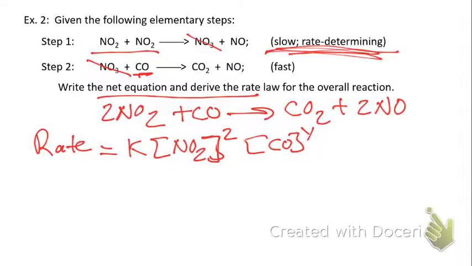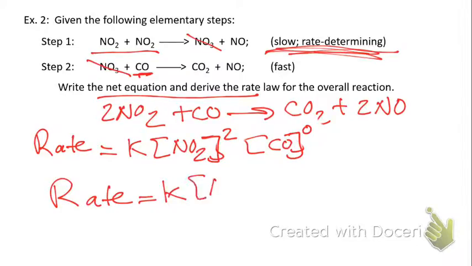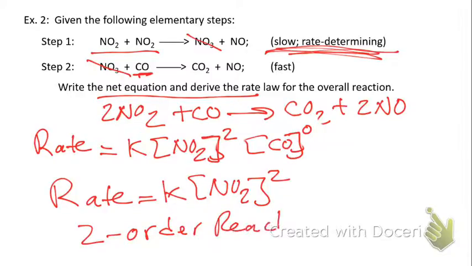Therefore, CO is going to be 0 order. Changes in the concentration of CO have no effect on the rate whatsoever because it's not part of the rate determining step. Therefore, the real rate law for this reaction is k times NO2 to the second order, and this is a second order reaction overall.